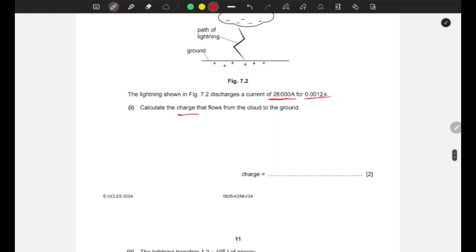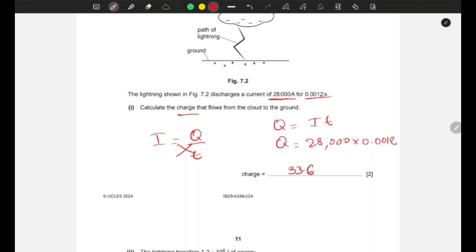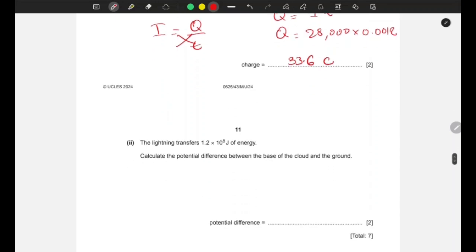Okay, so we know that current equals the charge over time. So rearranging this, charge equals I times t. So it's going to be 28,000 times 0.012. That should give us 336, and it's coulombs. That's the unit for charge.